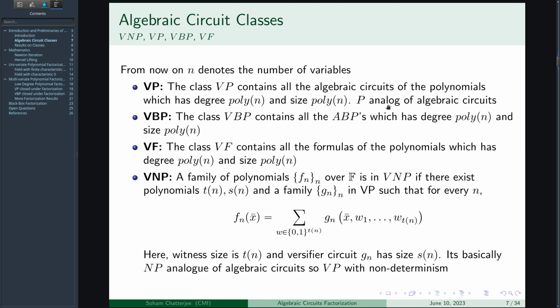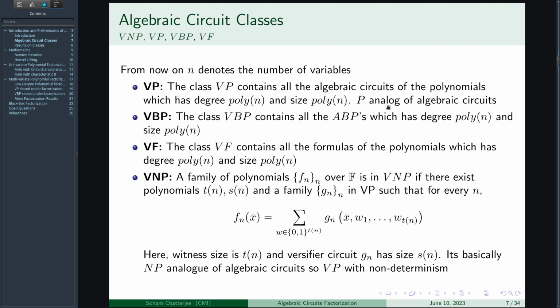Now VNP. VNP is the NP analog of algebraic circuits. So basically you have a polynomial f_n. Now you have another polynomial which is defined over all possible variables, the set {0,1} to the power t(n).